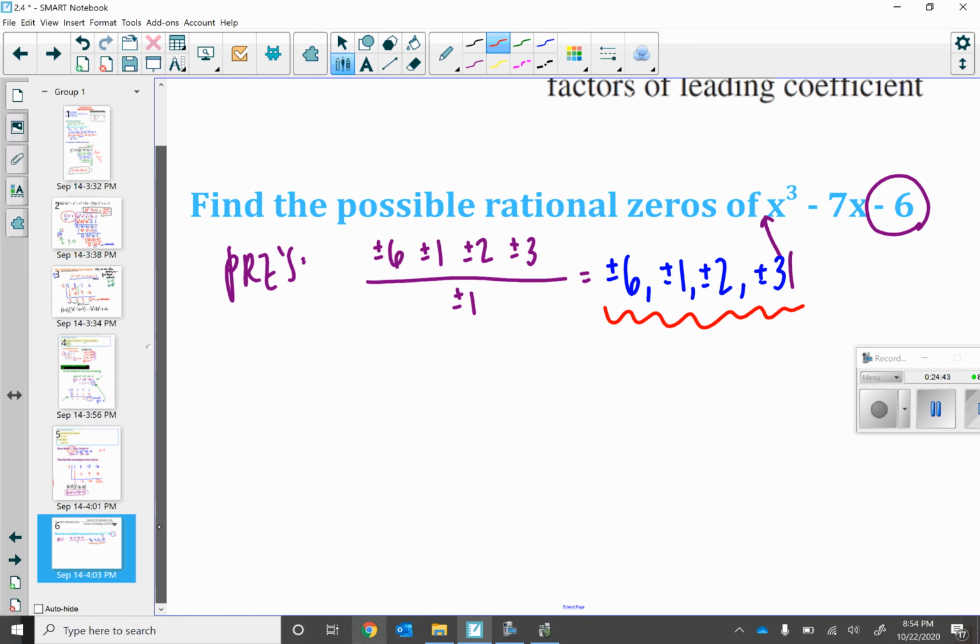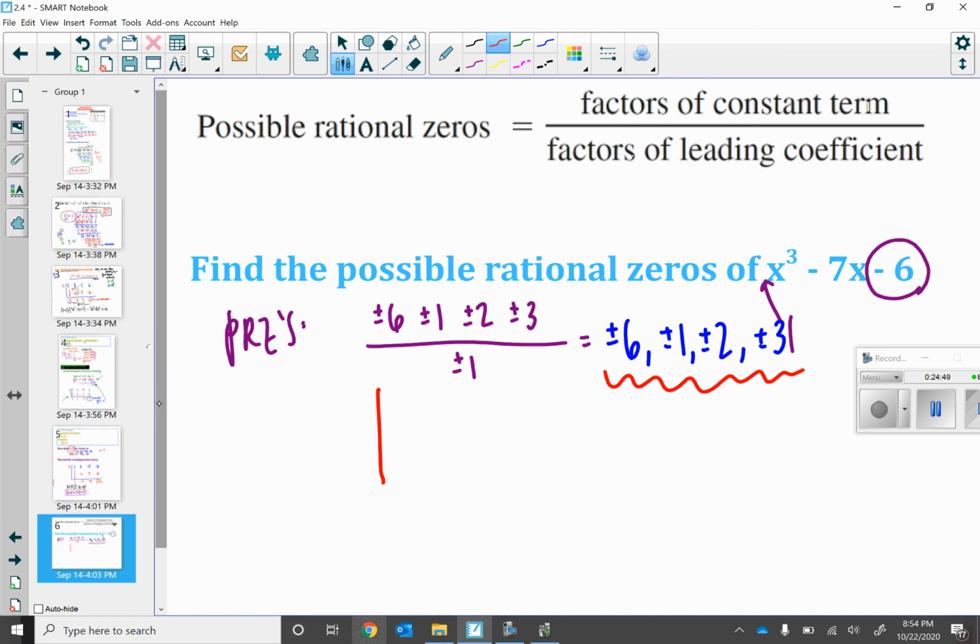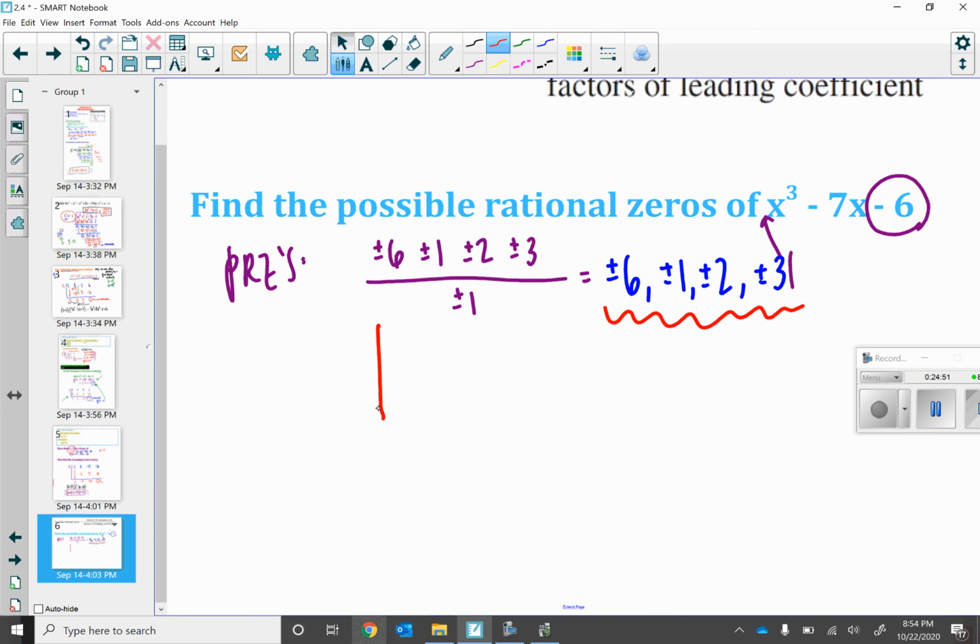So let's say we wanted to actually do some division here. Well, we could test one of them out and see if it gives us a factor. So I'm going to put in my coefficients 1, 0, a placeholder for the x squared, -7, and -6. I am going to guess, just for fun, I'm going to guess 1.